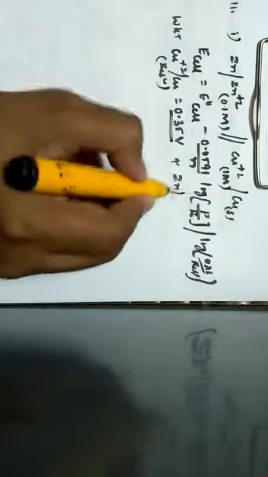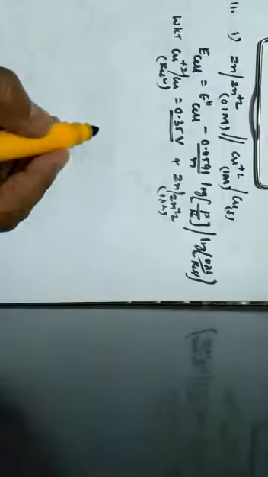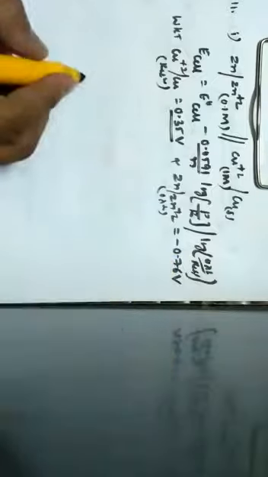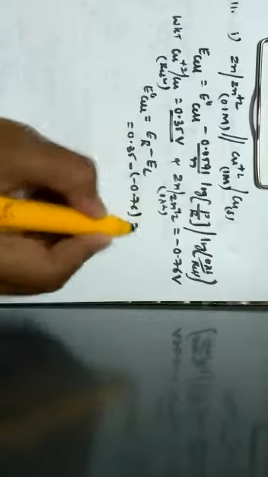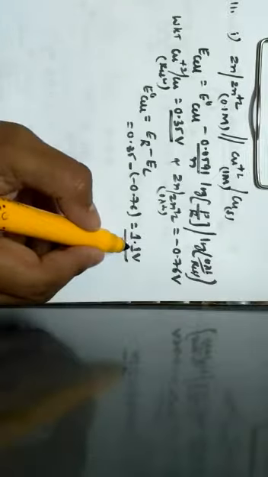So copper is undergoing reduction, which has a potential of 0.35 volts, and zinc is undergoing oxidation, meaning it is losing electrons, which has a potential of minus 0.76 volts. So E naught cell is right electrode minus left electrode, that is 0.35 minus (minus 0.76), which comes out to be 1.1 volts. This 1.1 volts will be the standard E naught of the cell.